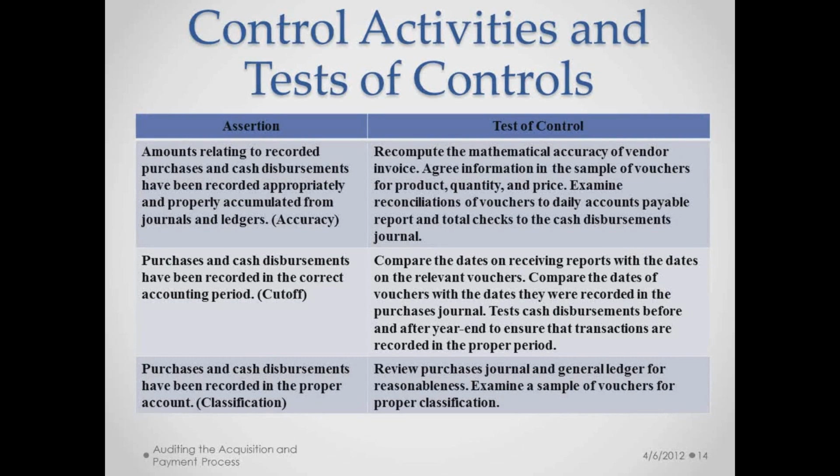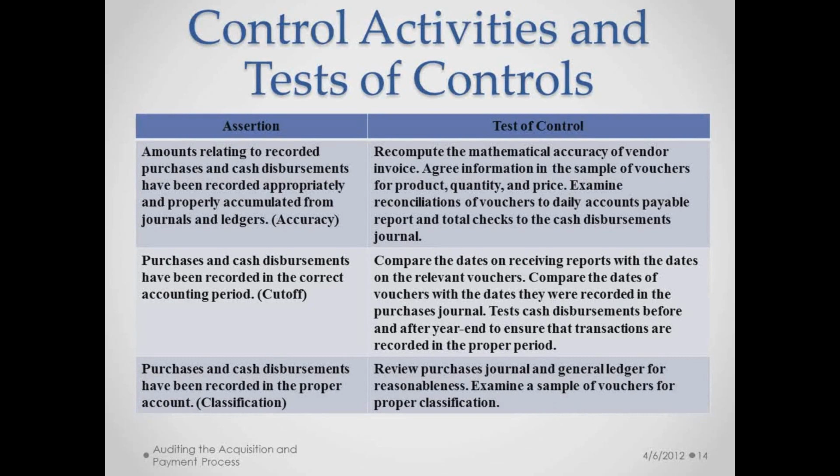So you don't want to rely that the vendor sent you an invoice and everything on that invoice is correct. Right, that they cross-footed, unit price times number of units, and this is what they charge you. You want to see that the client is doing that on a periodic basis to ensure that the vendor invoice is correct. Agreeing information in terms of product, quantity, and price. So that would be some examples of the test of accuracy.